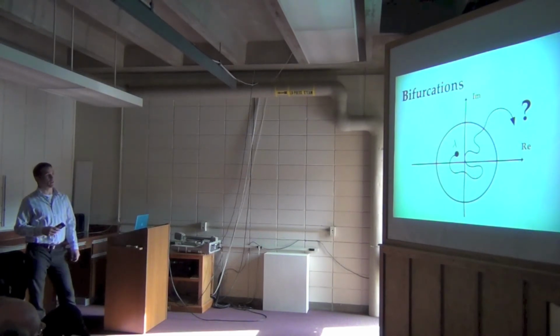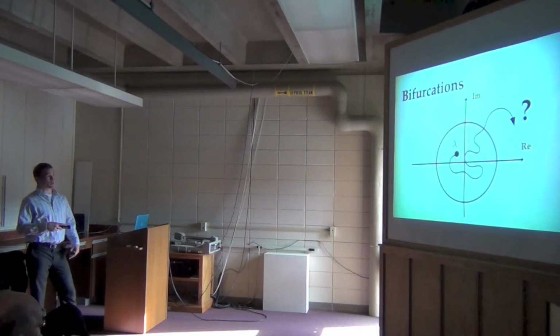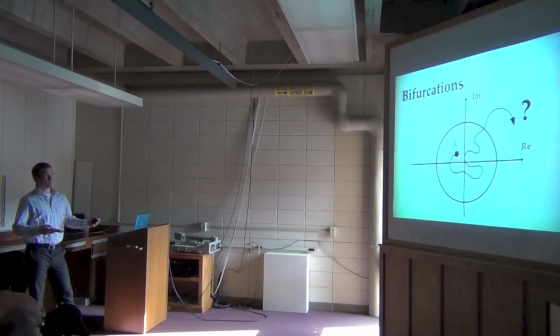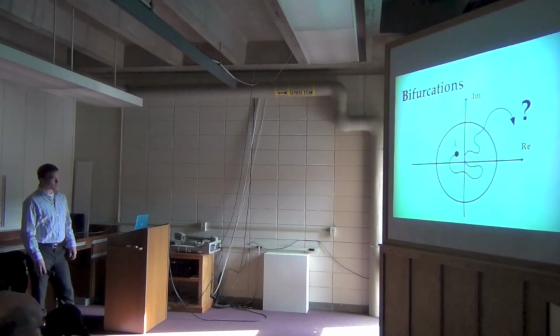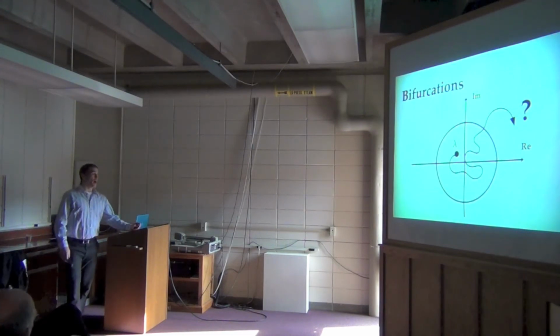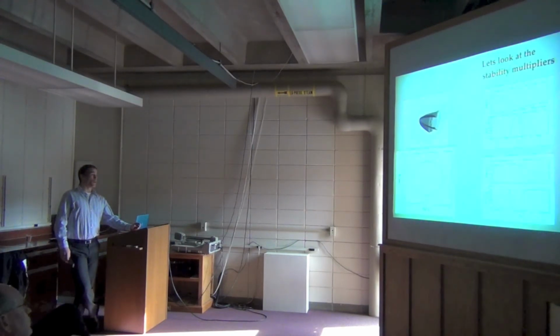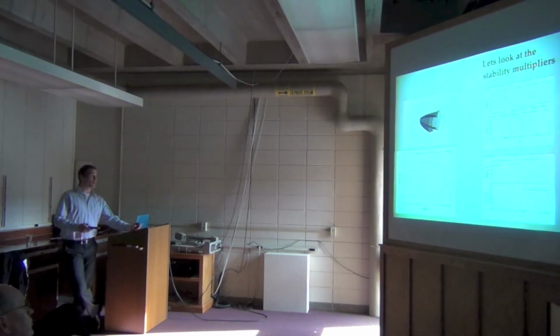So just keep those separated in your mind. And how these stability multipliers act in the complex plane, because they're complex numbers, is a way of classifying bifurcations. So the first two bifurcations that occur, projected onto the position and velocity phase plane, are shown here.